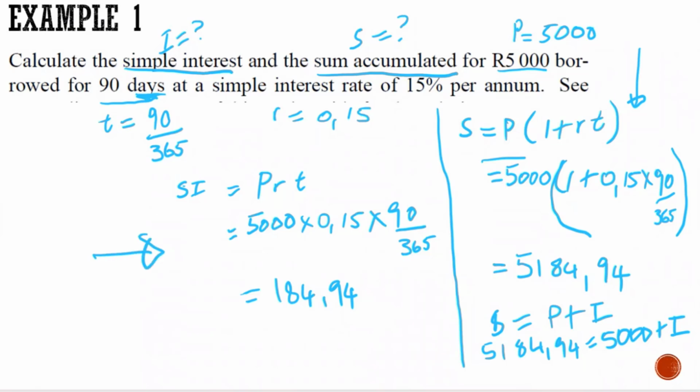You could have started with your accumulated amount. After you get your accumulated amount, you can do substitution, and then you can say your interest there.